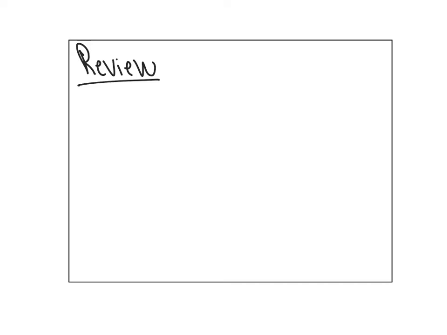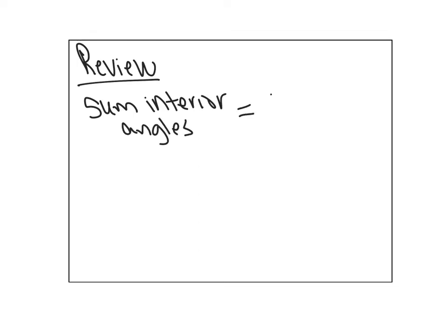We talked about the sum of interior angles. So if we had a polygon, we talked about what a polygon was, and we said that the sum of the interior angles, this is a formula you want to remember, is 180 times n minus 2.